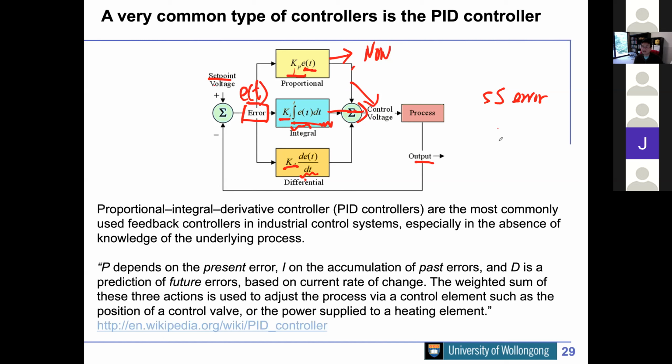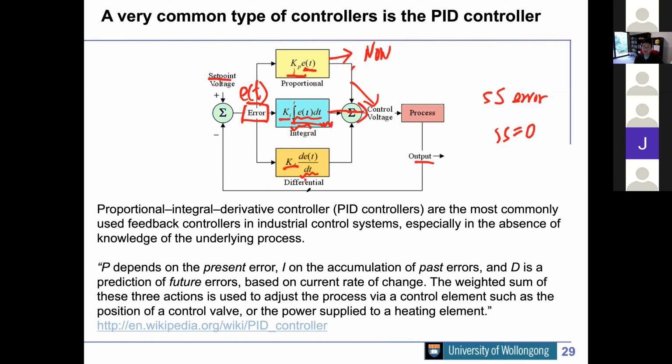The steady state will become 0, because if there's some steady state, this thing, remember that, is going to continuously punish it until it goes away. So that's very important: based on the historic difference, we're going to do something.